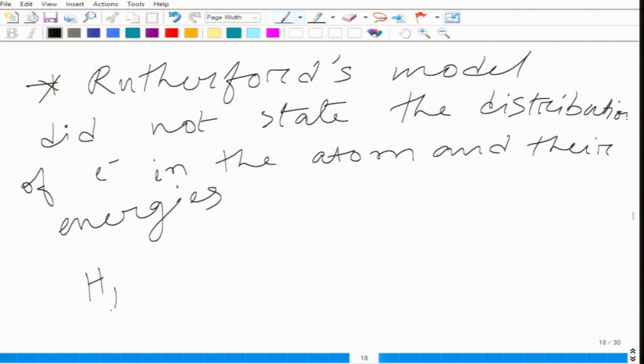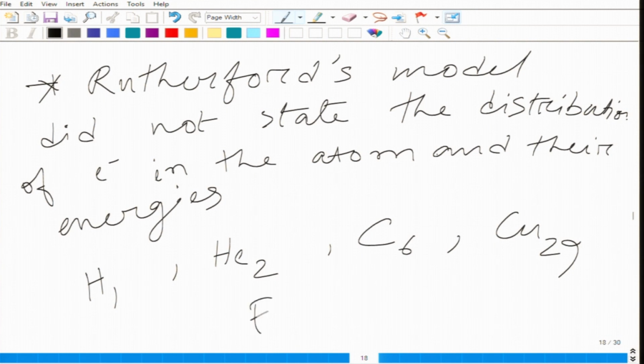Hydrogen has 1 electron, helium has 2 electrons, whereas carbon has 6. If we talk about some bigger elements, copper has 29 electrons, iron has 26 electrons. So how are these electrons arranged? Rutherford didn't say, because they cannot exist in a single orbit. If so many electrons are moving in a single orbit, there will be a chance of repulsion because electrons are all negatively charged. So this thing also Rutherford's model did not state.